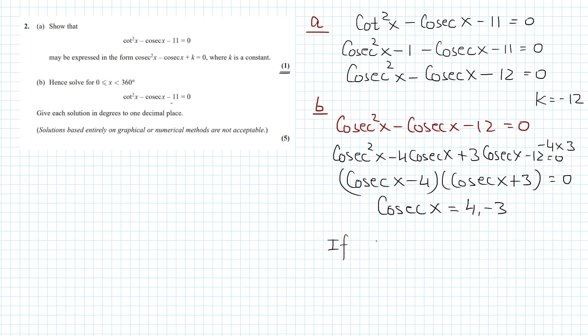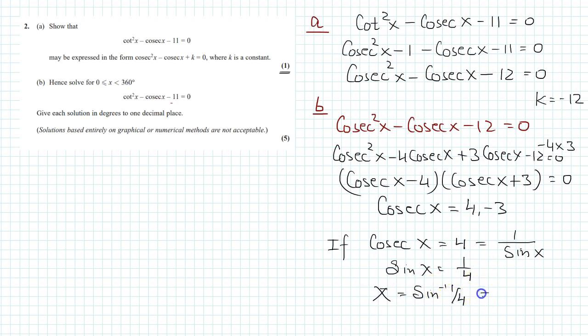Now if cosec x is equal to 4, I can write it as 1 over sine x. So sine x is equal to 1 over 4. So x will be sine inverse 1 over 4, which is 14.4775.